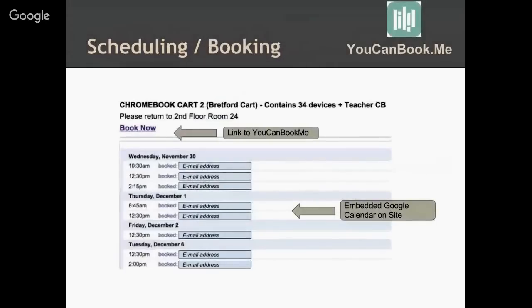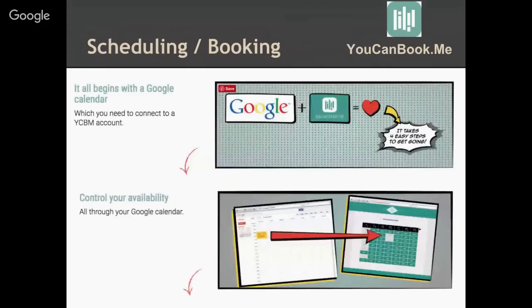And then I also want to use something that is easy for people to schedule, right? So if they're trying to find booking calendars, I use a program called You Can Book Me, which allows you to book the calendars very quickly, see who else has the Chromebooks or whatever devices you're using, and take those to the next class.